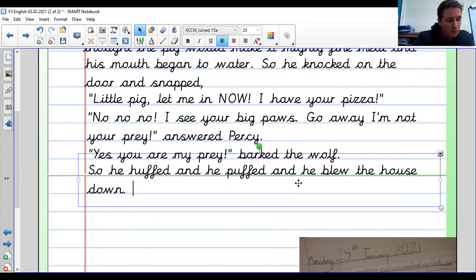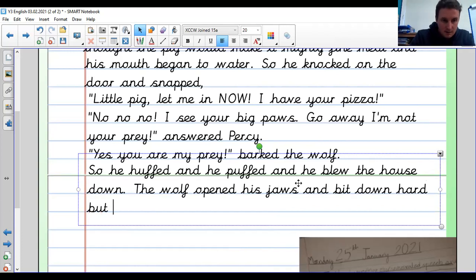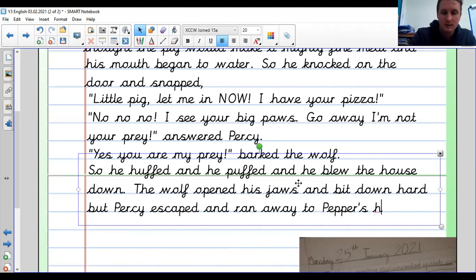The wolf opened his jaws and bit down hard, but Percy escaped and ran away to Pepper's house. Okay, full stop. No, and there you go.